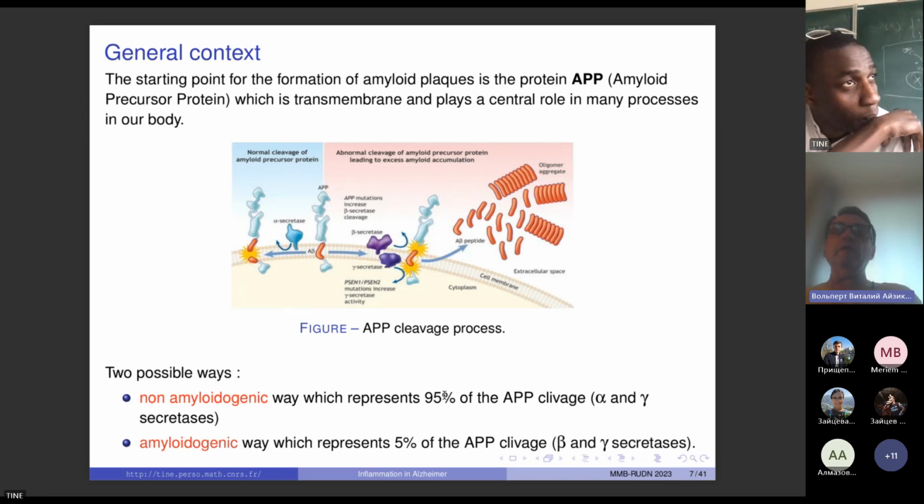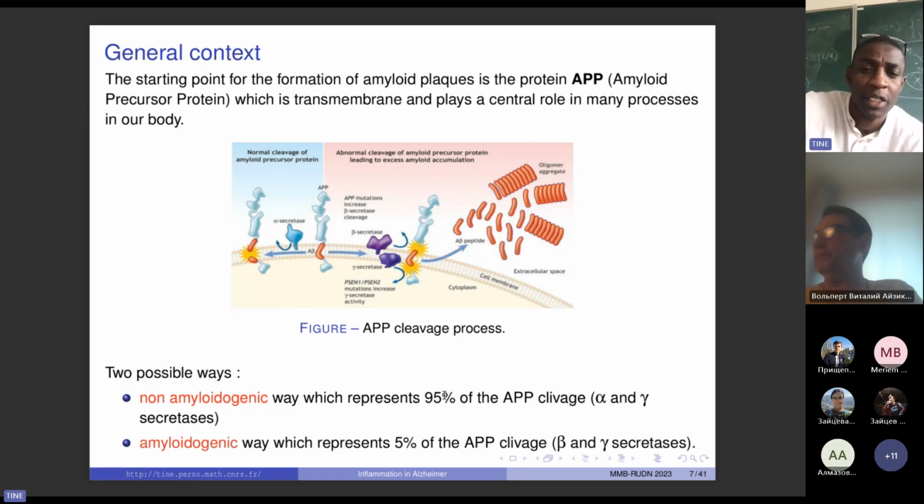If we have a healthy person, at least a person for whom there is no manifestation of Alzheimer's disease, then as you say, in this case there are no beta amyloids, no this 5%. So how do these beta amyloids appear? What is the reason for their appearance?